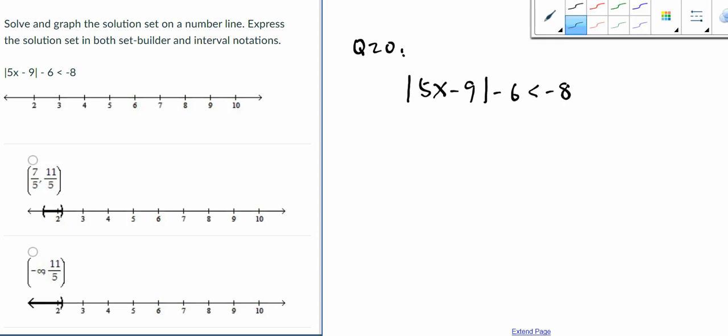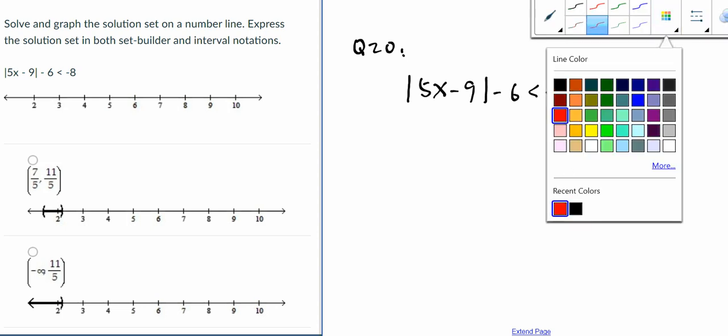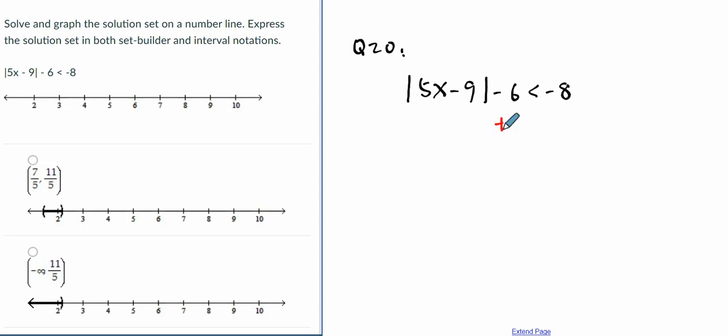So, move negative 6 to the right-hand side, add 6 on both sides, cancel that.